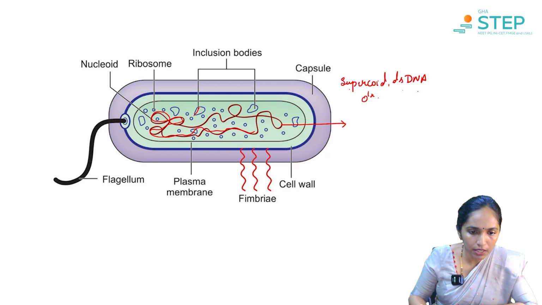Next, all these are inclusion bodies, which are the storage bodies or storage granules of the bacteria. These are the ribosomes, the sites for protein synthesis, and this is the cell membrane, also called the plasma membrane.